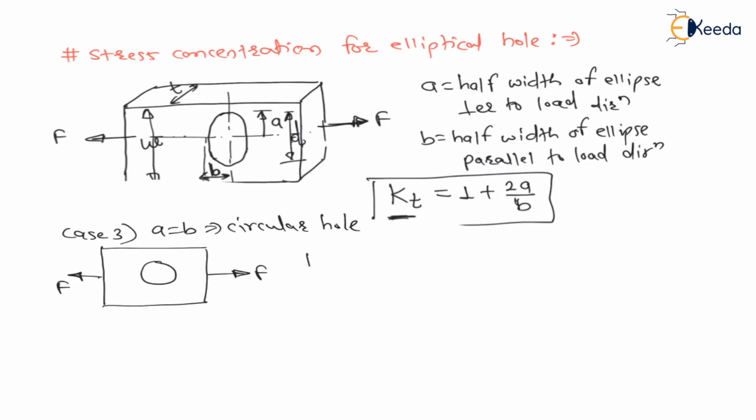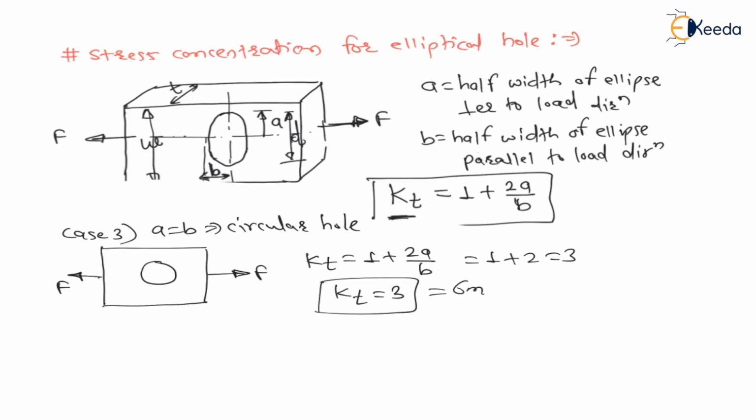Now for this, can I write Kt is equal to 1 plus 2a by b, and a is equal to b, therefore it is equal to 1 plus 2, which is nothing but 3. Means for a circular hole, the theoretical stress concentration factor is 3. Remember this, very very important, right? Therefore, which is nothing but maximum stress near discontinuity divided by nominal stress calculated based on minimum area, maximum stress will be equal to 3 into sigma naught, right?